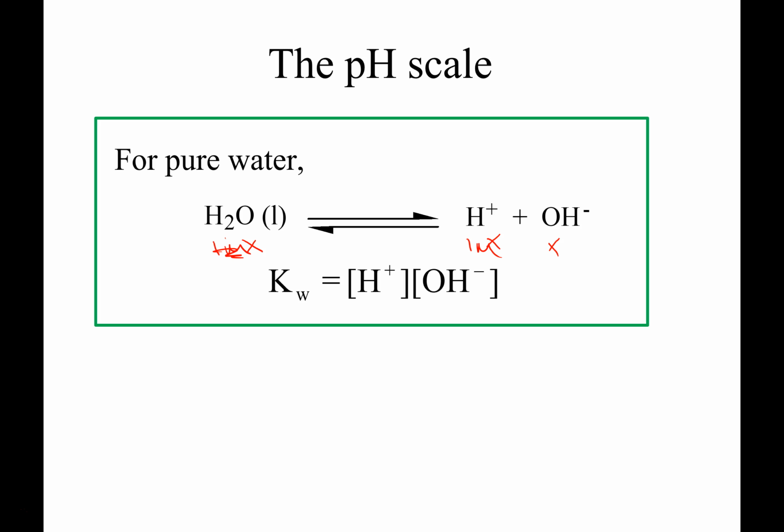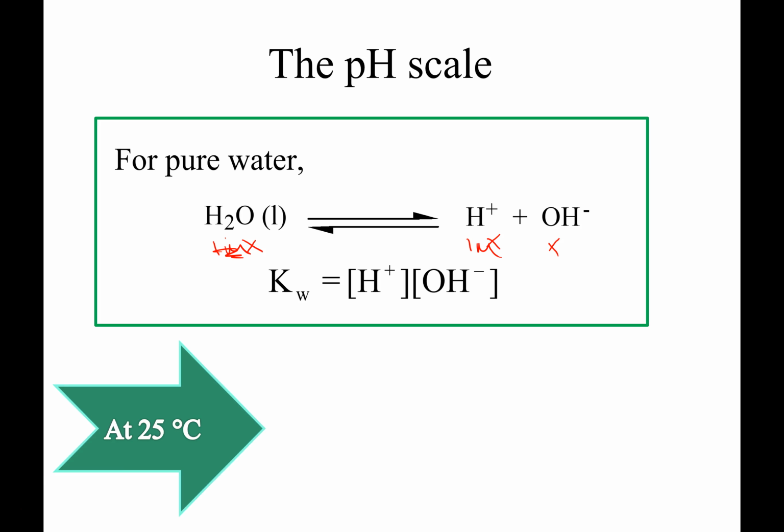Well, the equilibrium constant expression for auto-ionization of water looks like this. It's always products divided by reactants, raised to stoichiometric coefficients. So here we have molar concentration of hydrogen ion, first power, times molar concentration of hydroxide ion, first power, divided by nothing, because H2O liquid doesn't show up. So this is the equilibrium constant expression for water, just doing its thing.